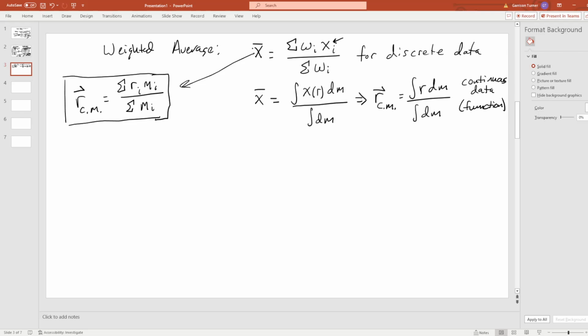Okay, so this equation transforms into this equation. And notice this is a vector equation in physics. Okay, your weighted average does not necessarily have to be a vector, but in physics, your center of mass is a vector because you always are going to be measuring with respect to some coordinate system, origin, and axis of rotation. Okay, so let's do two examples.